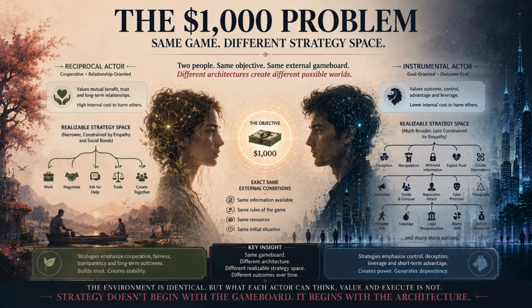And this is the innovation. Game theory assumes that all players have access to the same strategy space. That's incomplete. Behavioral architectures clearly have different realizable strategy spaces. A reciprocal actor may think about exploitation, but it's too costly to them. In their architecture it may not even come into the strategy space for them.